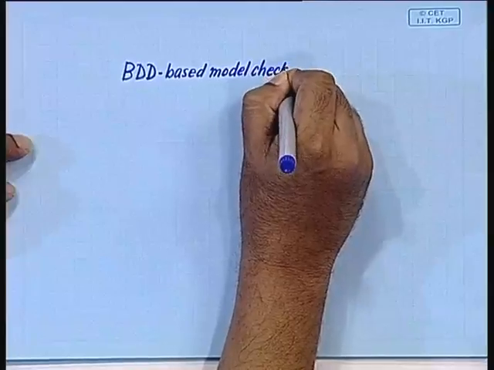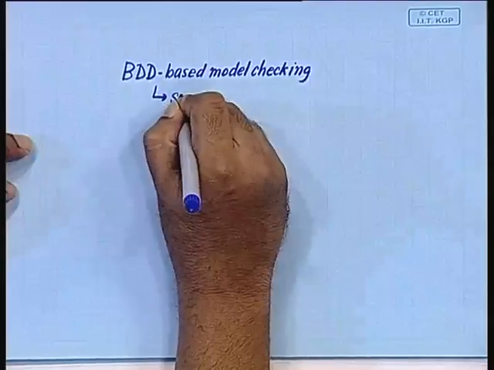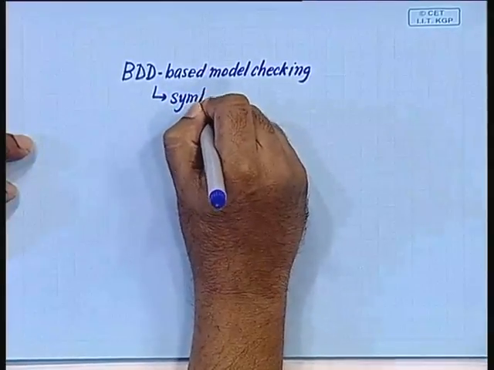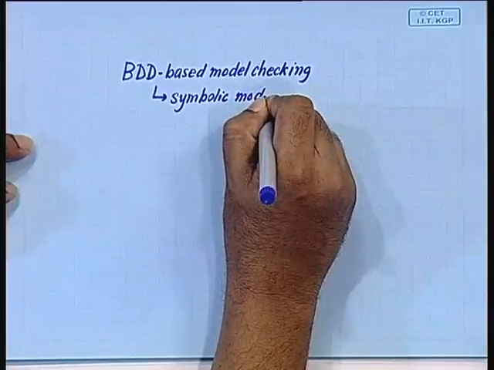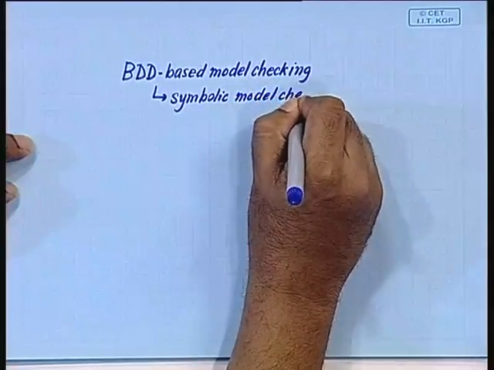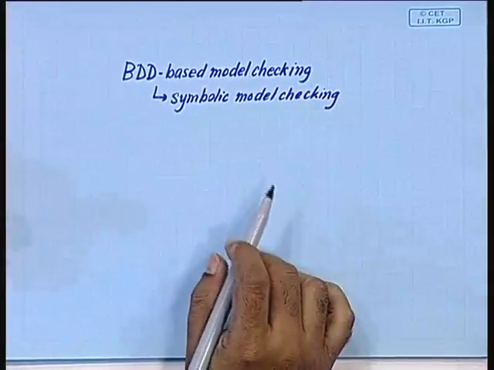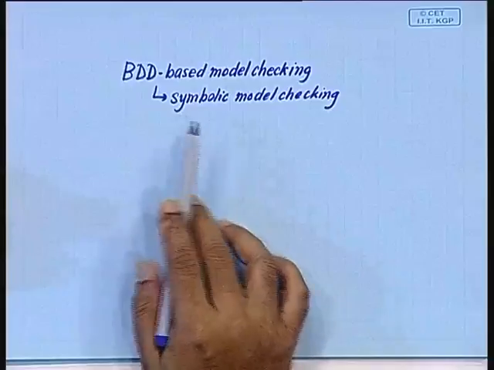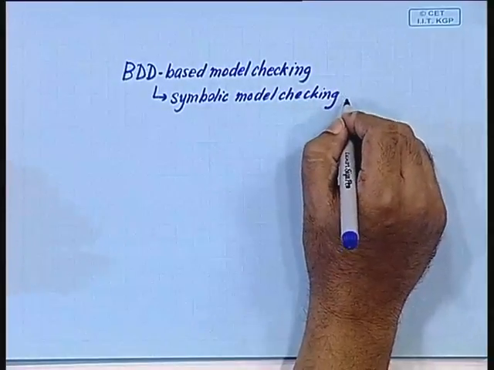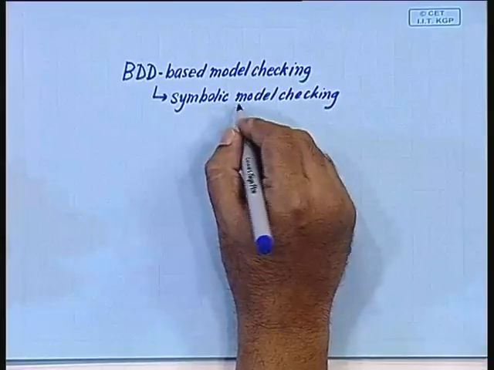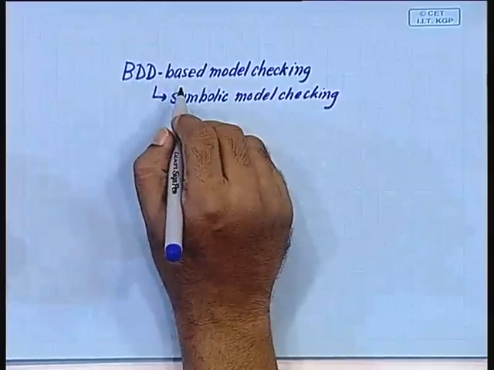now this is sometimes colloquially referred to as symbolic model checking, but symbolic model checking actually means that we have a symbolic method for doing the model checking, right. So, strictly speaking, symbolic model checking is not something which is related to BDTs, it is actually larger than BDTs.